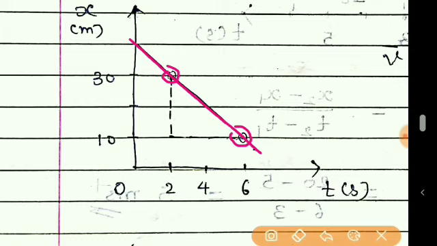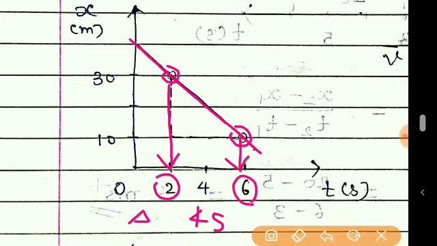Not necessary that you have to choose this and this only. So now if we are considering these 2 points, then the initial time is 2 here and the final time is 6. So what is difference of time? So final minus initial. So 6 minus 2 will be 4. 4 second is your delta t, that is difference in the time.